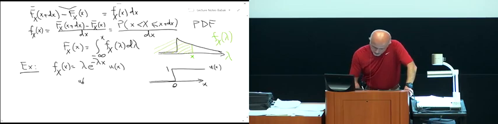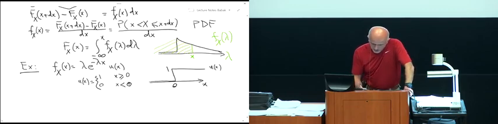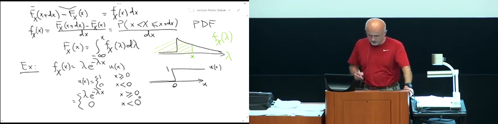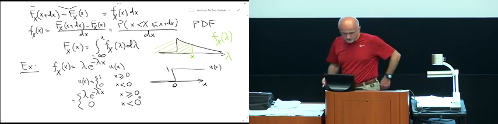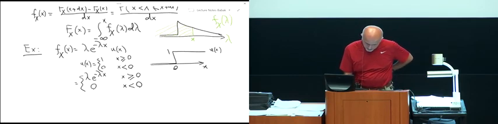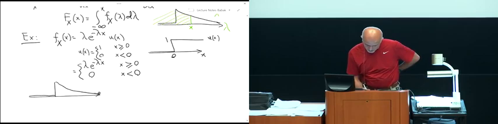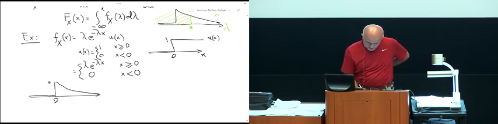The unit step function is the function that is 1 for x greater than or equal to 0 and 0 for x less than 0. I write it this way because I don't want to have to keep writing two cases, because otherwise I would have to say this is equal to that scaled exponential, and then it's 0 for that. So these are equivalent ways of writing the exponential PDF. And of course I drew it there. Let me redraw. It starts at 0, and the peak value is what?